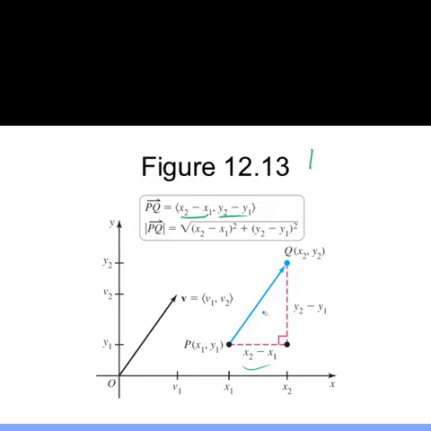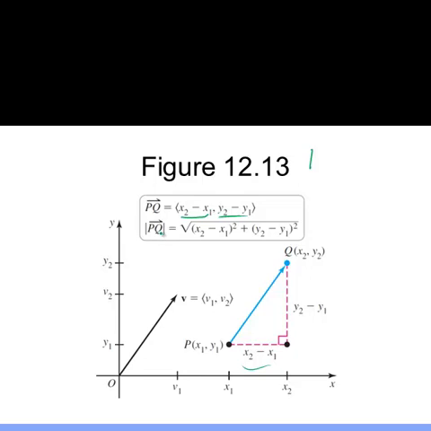And then if you wanted to find the magnitude, meaning the length of the vector from P to Q, you'll just take the square root of the sum of the squares of those components, just using the Pythagorean theorem. By the way, seeing this notation right here, the two vertical bars, you can kind of think about that as absolute value.